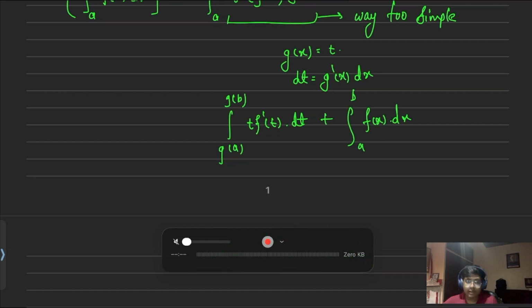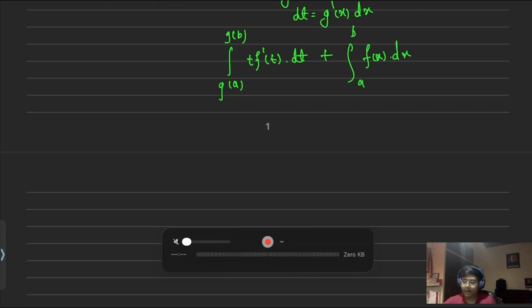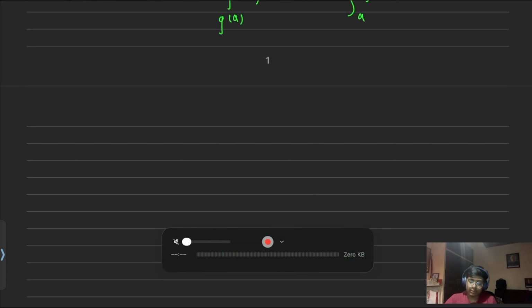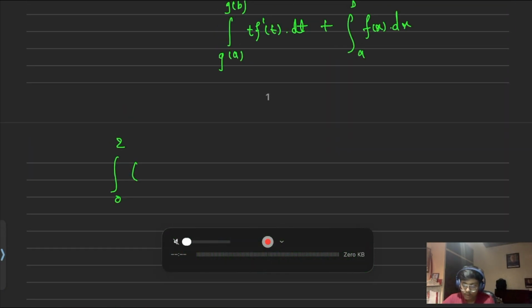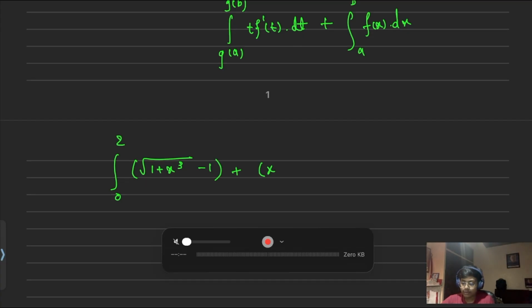Now the main thing here is that if we observe the original integral, what was it? It was the square root of 1 plus x cube minus 1 plus cube root of x squared plus 2x.